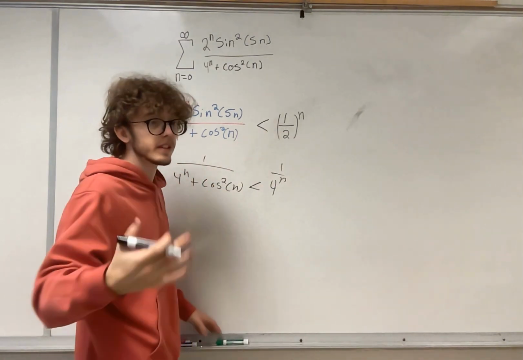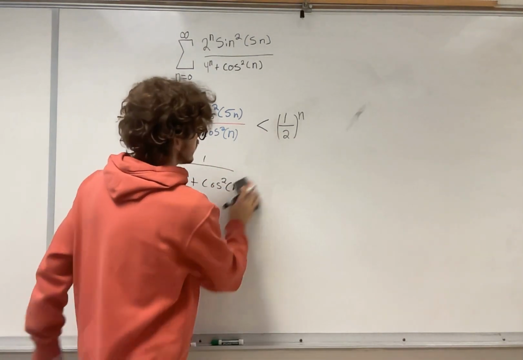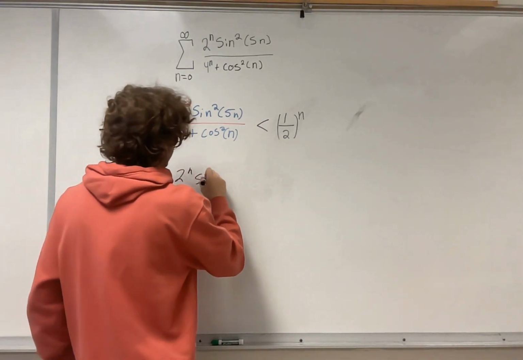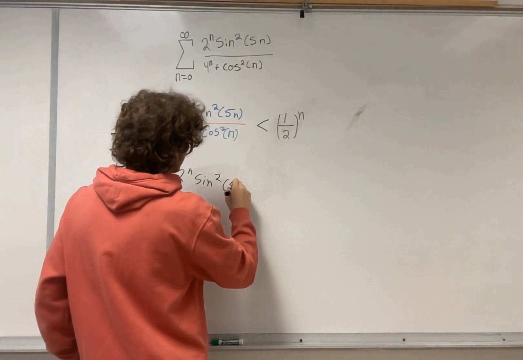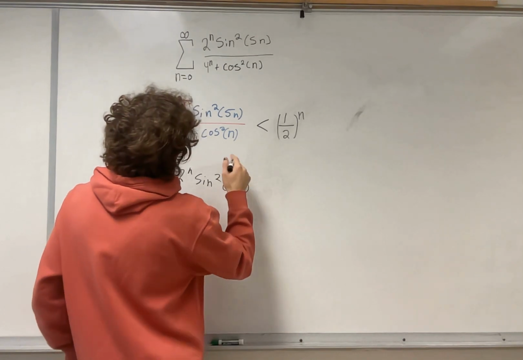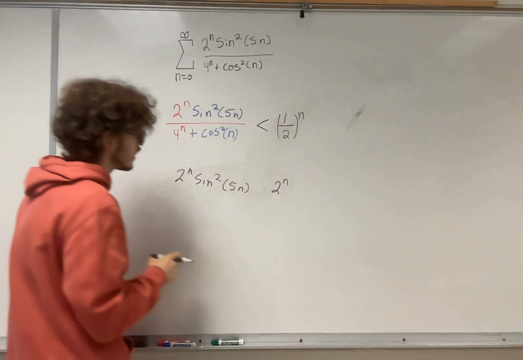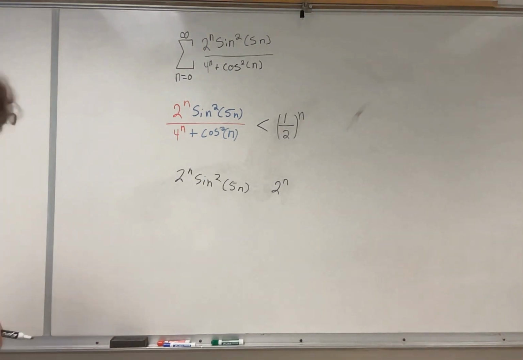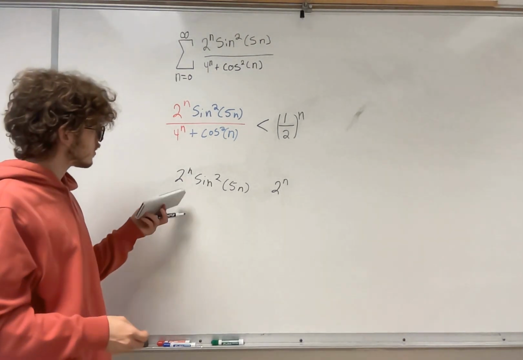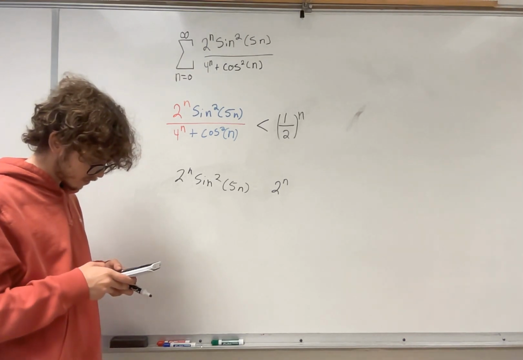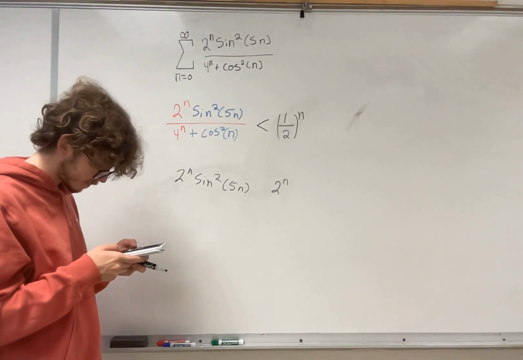Now I just need to prove the top section, which we can do by comparing 2 to the n sine squared of 5n to 2 to the n. Okay, so what is the inequality here? Well, let me actually grab my graphing calculator. I want to show you what 2 to the n sine squared of 5n looks like, or really just what the sine is doing.